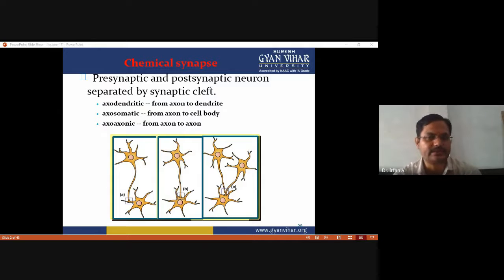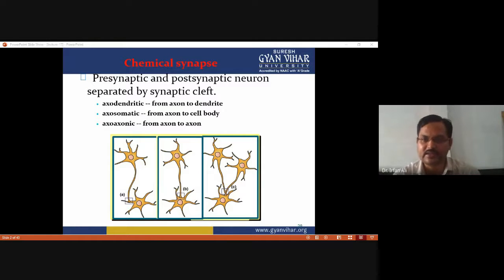As you can see here, the axon links with the cell body, and there is a small gap between the end of the axon and the cell body, which is called an axosomatic chemical synapse. The term axoaxonic is used when the chemical synapse is present between axon and axon.